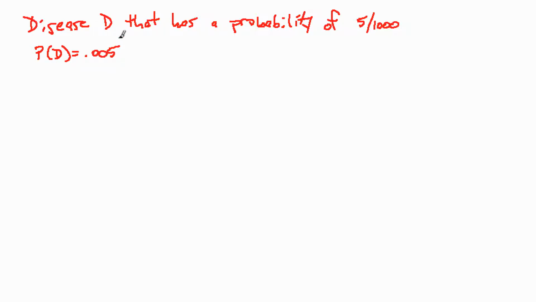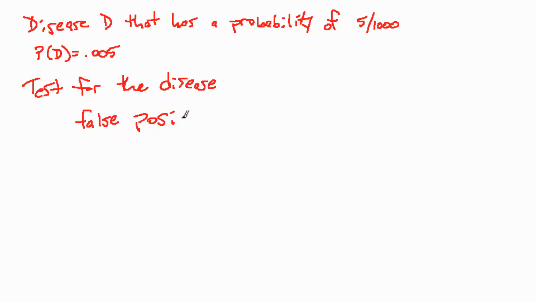And medical researchers have developed a test for this disease. So there is a test for the disease. And you can imagine this could be a blood test, it could be anything. But the problem in tests is that you sometimes get what are called false positives, and you also get what are called false negatives.